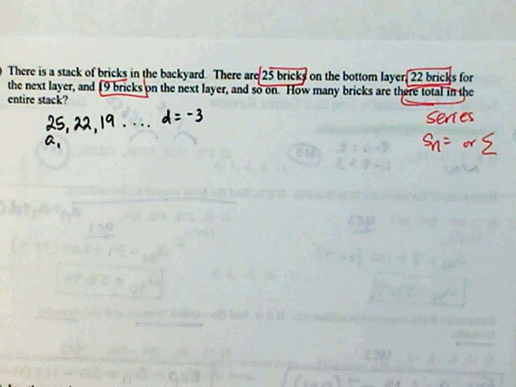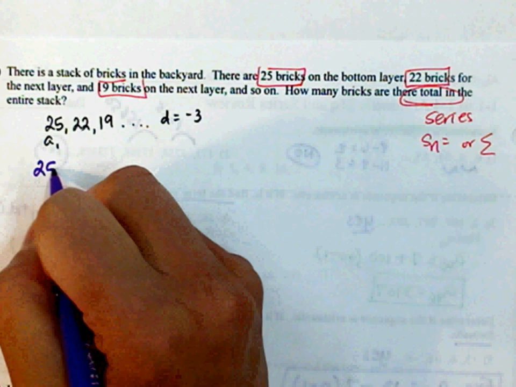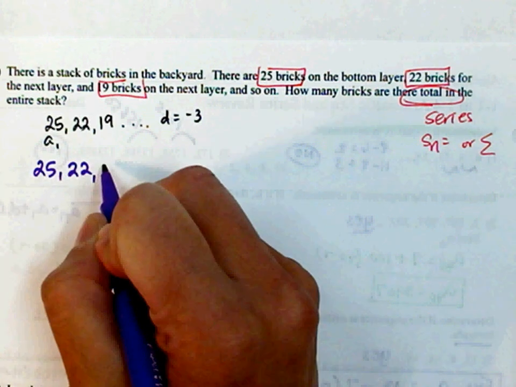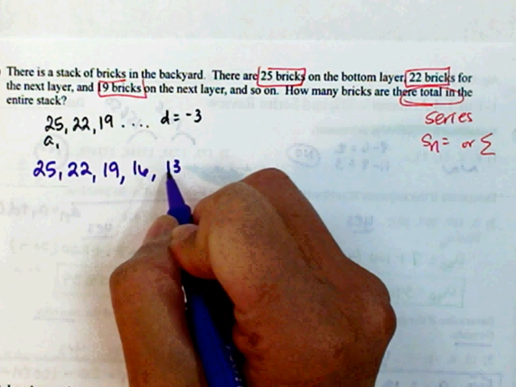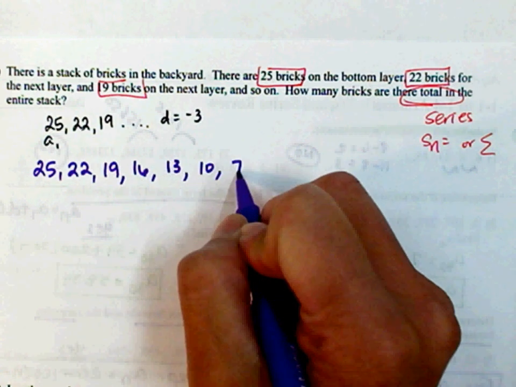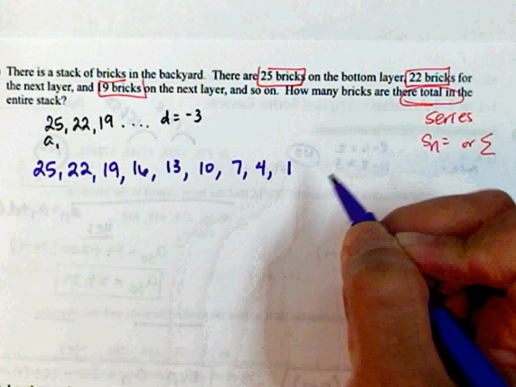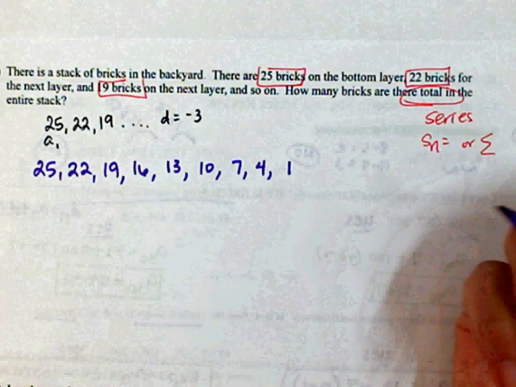So here we go. I start off at 25, 22, 19, subtract 3 is 16, 13, 10, 7, 4, 1. And you know they're bricks. You can't have negative bricks, so you're going to stop. Now what are you going to do with all these numbers?